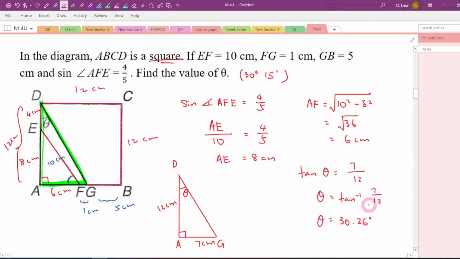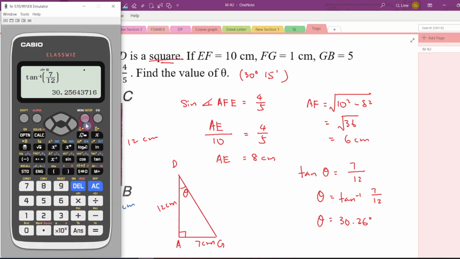Okay, so if the question asks you to give your answer in degrees and minutes, then what you should do is press this button, and just give these two numbers, 30 degree, 15 minutes. And you have to be careful. This is degree, this is minutes, and at the back here, this is second.